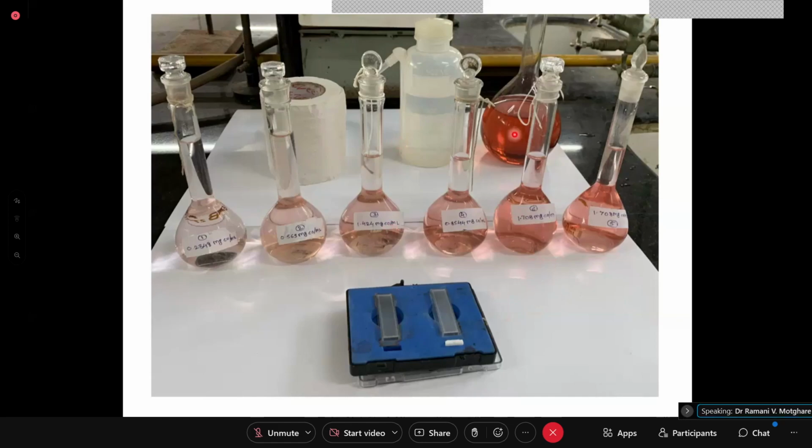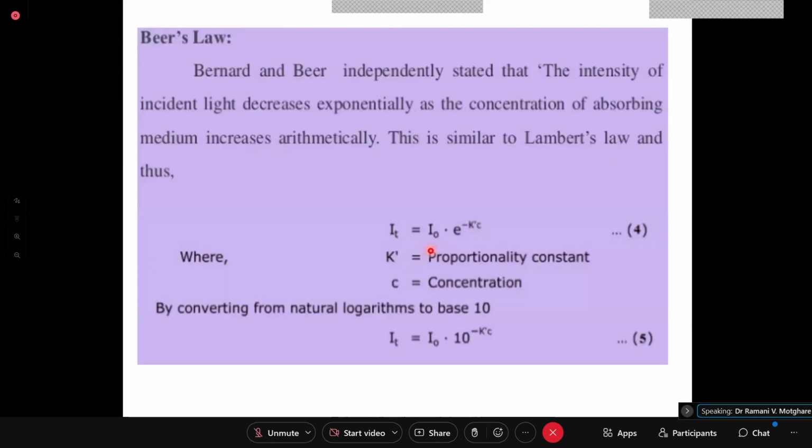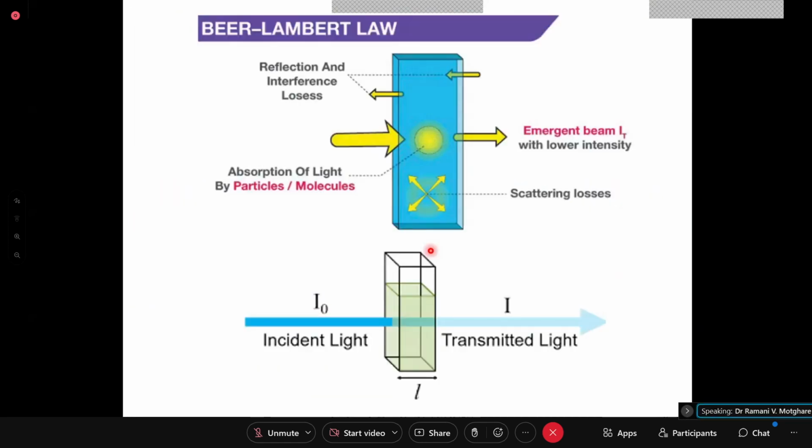Now, if you have colored solutions or colored compounds, you can determine these substances qualitatively and quantitatively. For this there is a law called Beer-Lambert's law. According to Beer-Lambert's law, when a monochromatic beam of light is incident on a colored solution, the quantity of light absorbed by the colored solution will depend on the intensity of light incident on it.